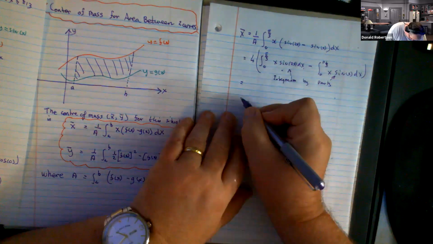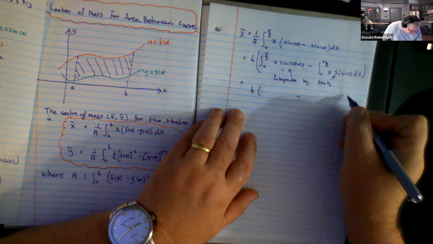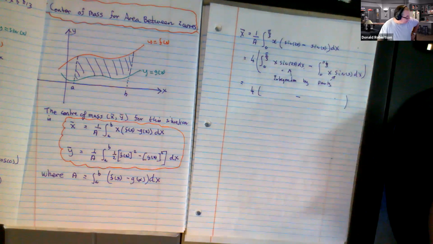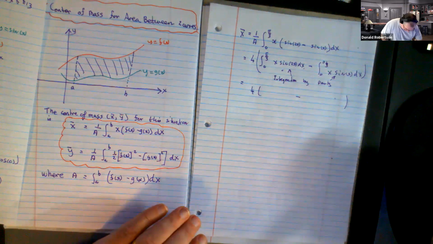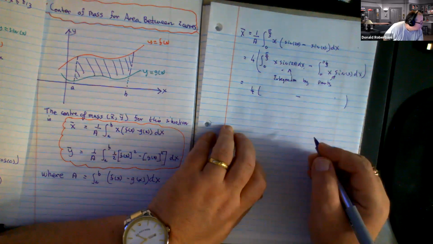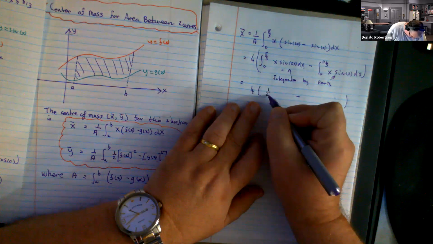So when you finish, you're going to have 4 times whatever that answer is, take away whatever that answer is. And you're going to get, eventually, 1/4 pi.